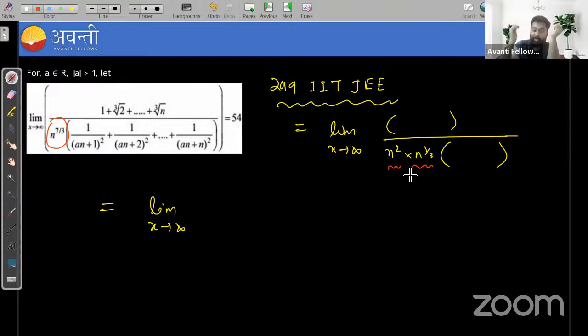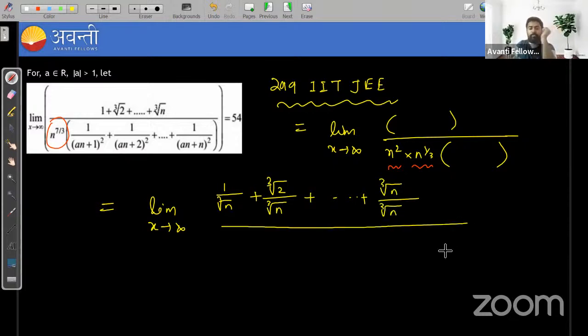So what are you getting actually after dividing? Let's see. In the numerator, I am getting 1 by cube root of n plus cube root of 2 divided by cube root of n and so on, plus cube root of n divided by cube root of n. Yes or no? Now in the denominator you have n square.